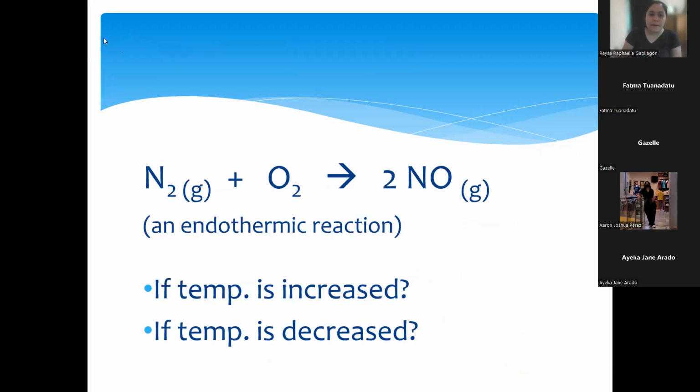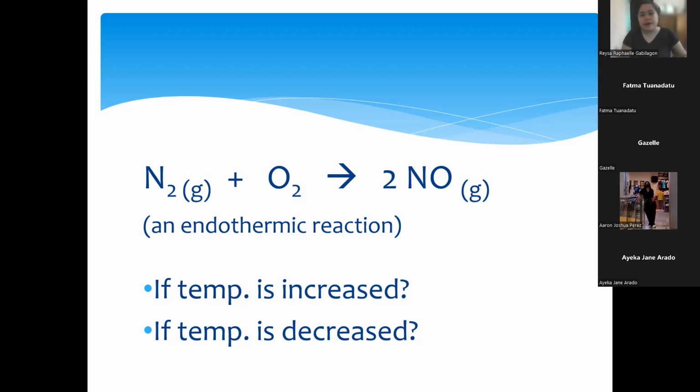Okay, so how about this one? Sige daw, kayo daw kung tingnan natin kung naintindihan talaga. You have here the reaction nitrogen plus oxygen yielding 2 moles of nitrogen monoxide. And may nakalagay sa baba, an endothermic reaction. Sige.